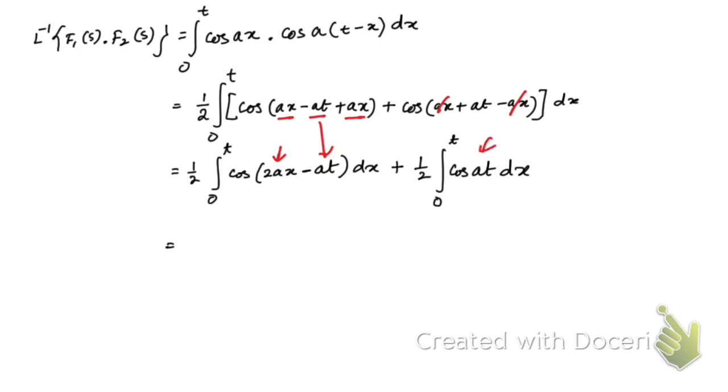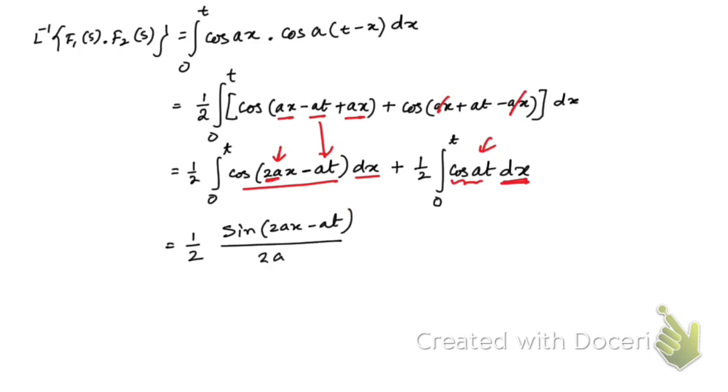Now you see, if we integrate this, we're gonna get sine of (2ax minus at) divided by the coefficient of x, because we are integrating with respect to x, right? Similarly here, as we are integrating with respect to x, this cos at will be taken as a constant. It will be taken out of the integral, right? So we're gonna get this result.